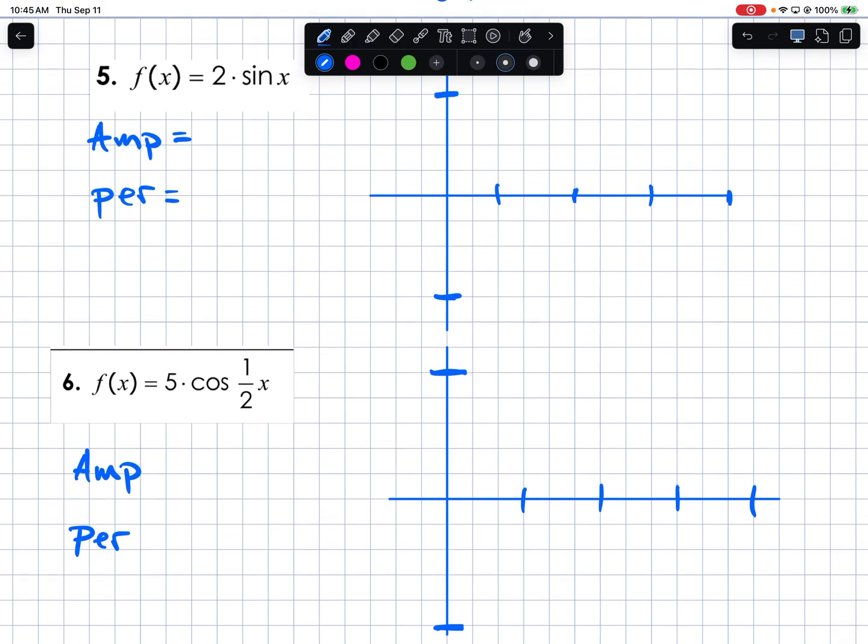I'll hand out some graph paper. Anyone else over here? There you go. You good?